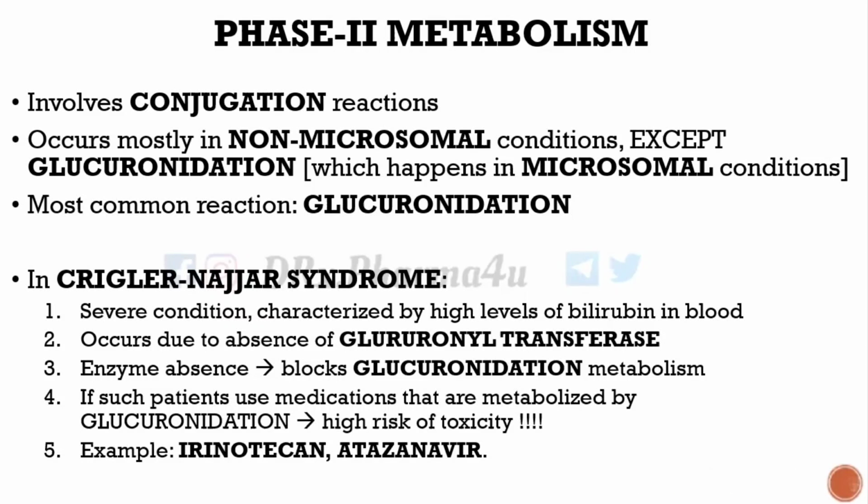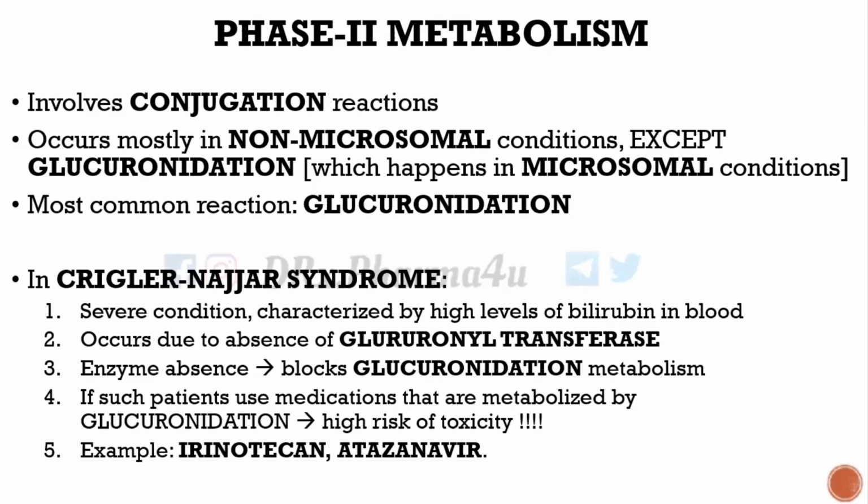And when this enzyme is absent, glucuronidation metabolism does not happen. And if glucuronidation metabolism does not happen, you can easily understand what will be the condition of such patients if they take any medicine that is metabolized by glucuronidation. For example, if glucuronyl transferase is not there in your body, glucuronidation will not happen.